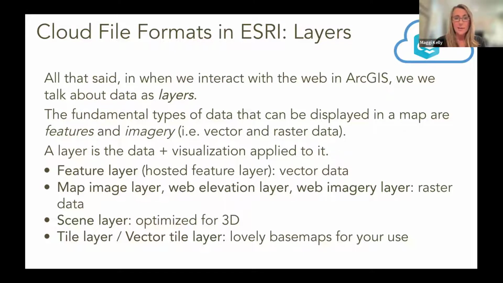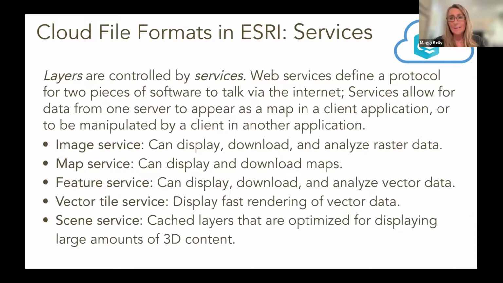These are raster layers. You also might encounter scene layers, and these are optimized for 3D. And then you guys have all seen these base maps that are out there that you can put as the backdrop to your web map. These are tile layers. And it's just a different sort of way of thinking about them.